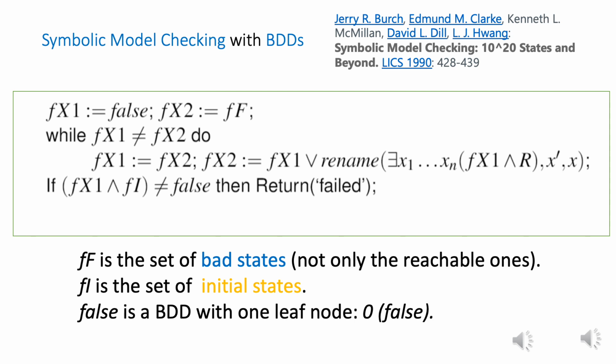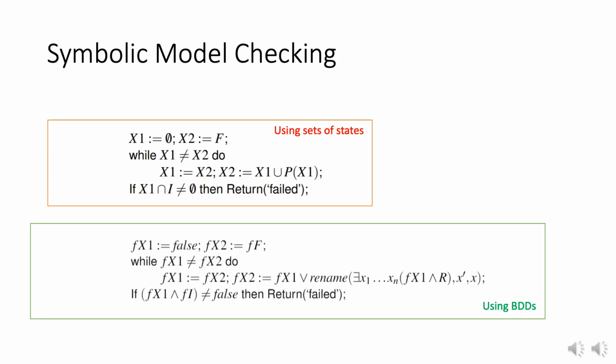And we also have BDDs to represent the set F of bad states and the set I of initial states. Putting the state-based pseudocode near the BDD-based pseudocode, we see how similar they are. It's really almost a direct translation where sets of states are translated to BDDs and operations on sets are translated into Boolean operations on BDDs.